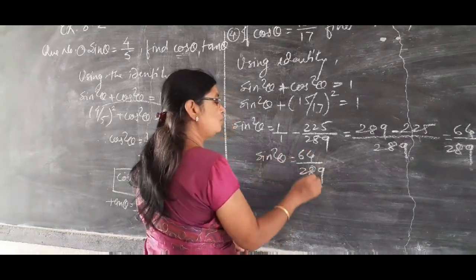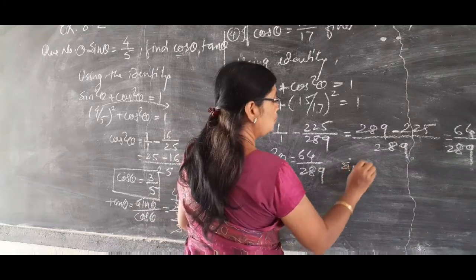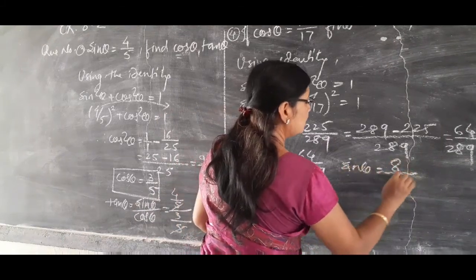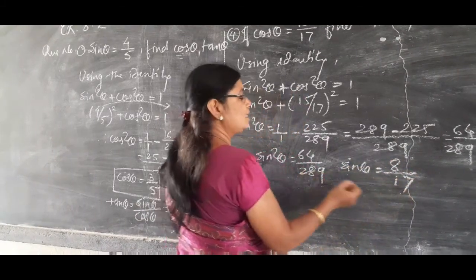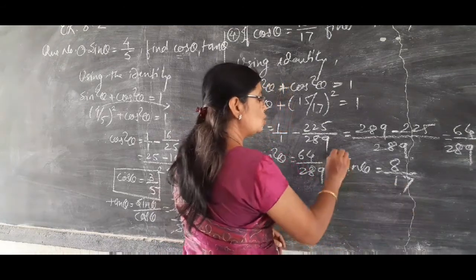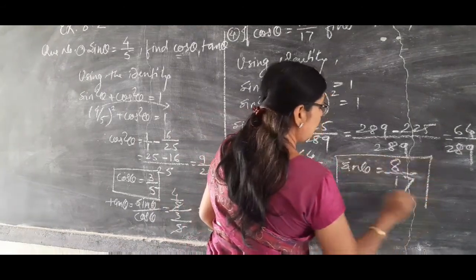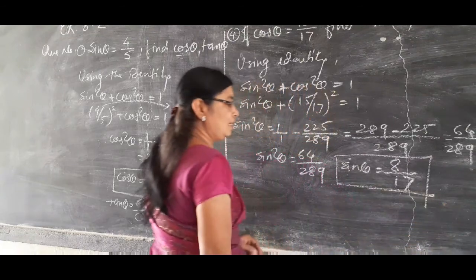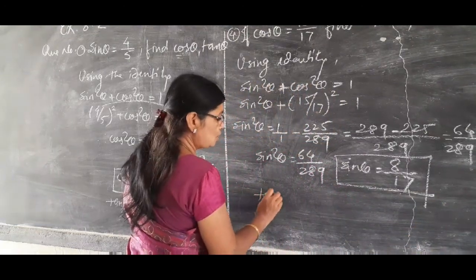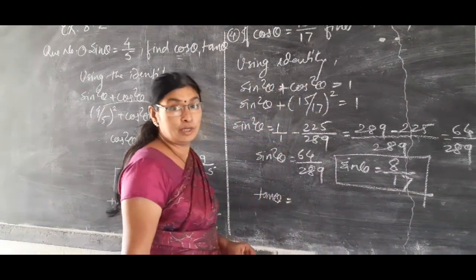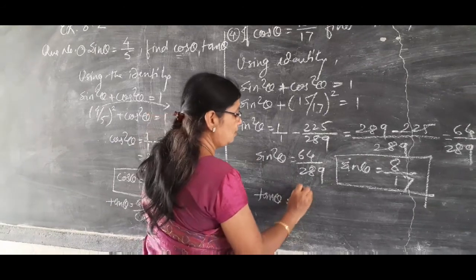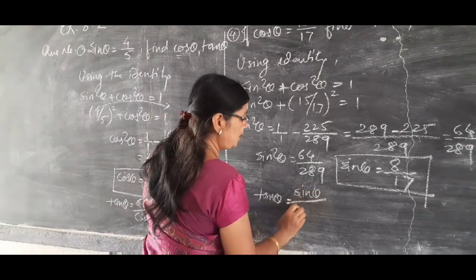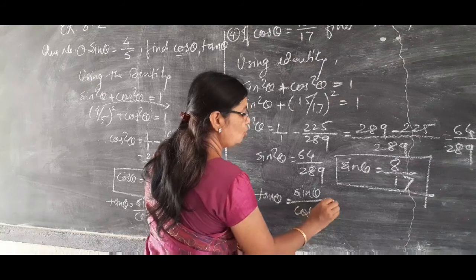Now 64 is a square of which number? 8, and the square root of 289 is 17. So what is the value of sin? 8/17. And then you have to use the formula for tan. What is the formula for tan? Sin theta upon cos theta.